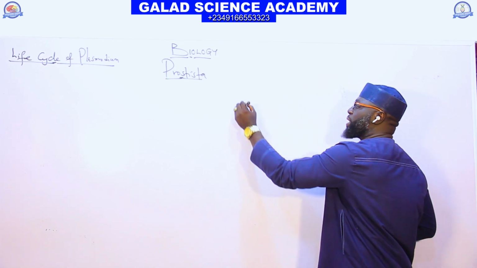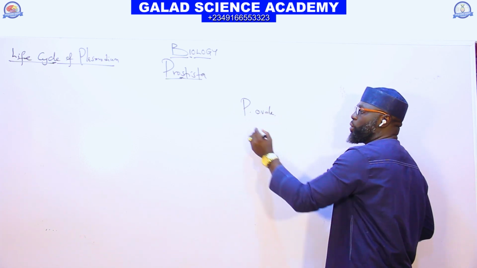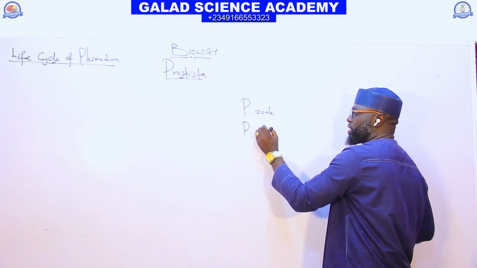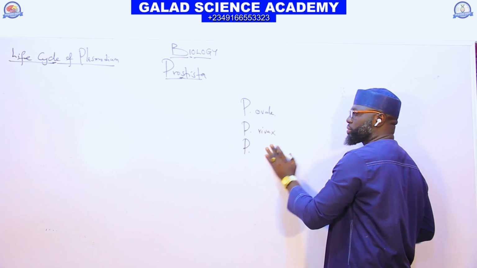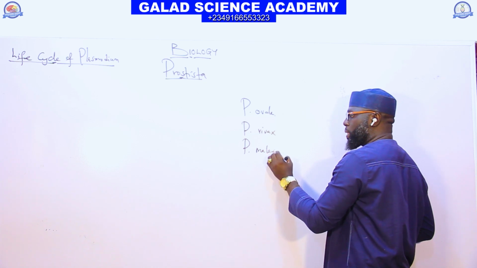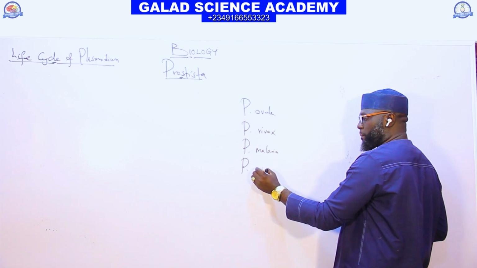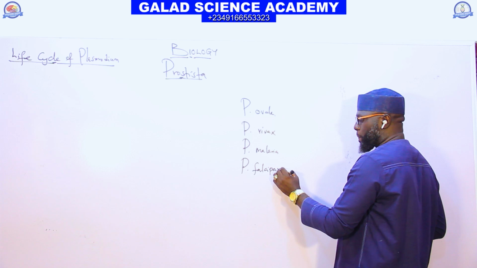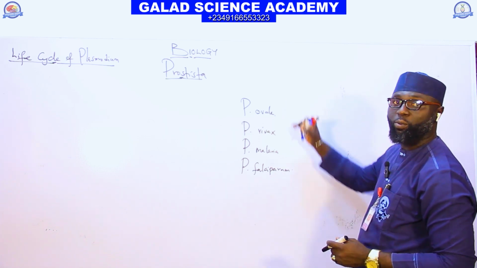The first one, we have Plasmodium ovale. We have Plasmodium vivax. We have Plasmodium malariae. And the third one, we have Plasmodium falciparum. So these are the 4 common species of Plasmodium we have.